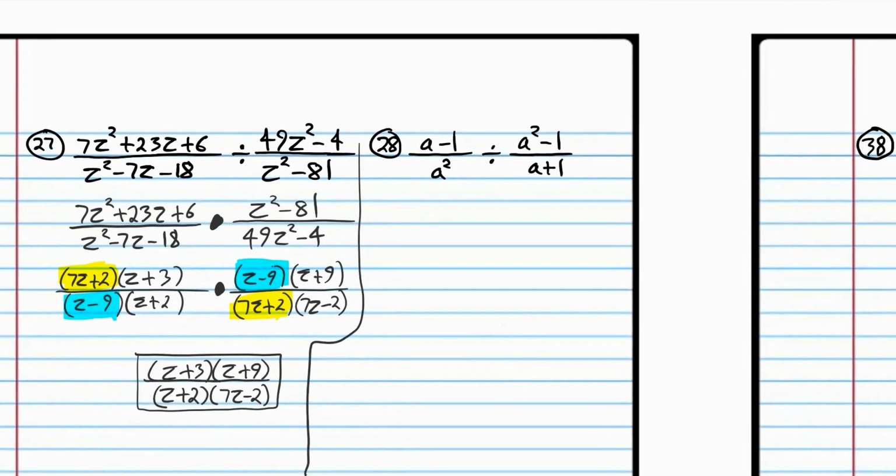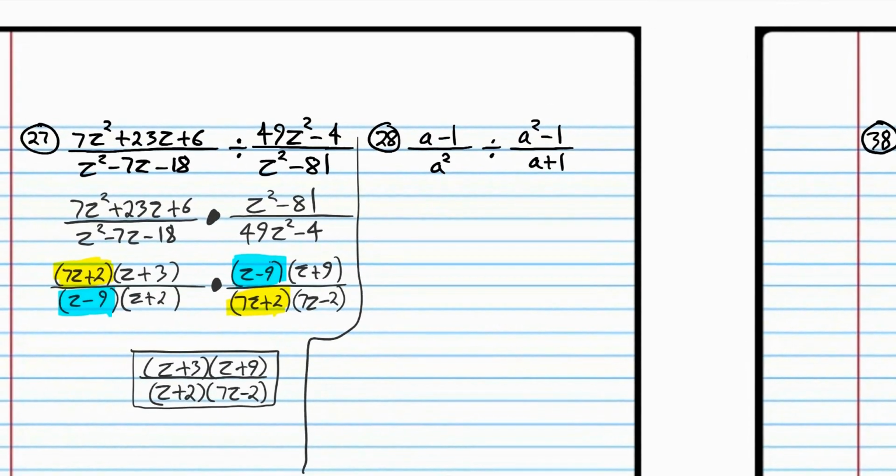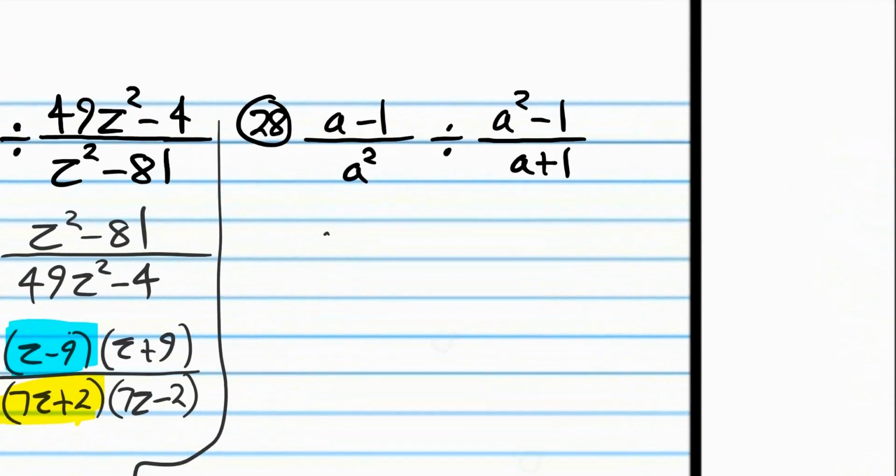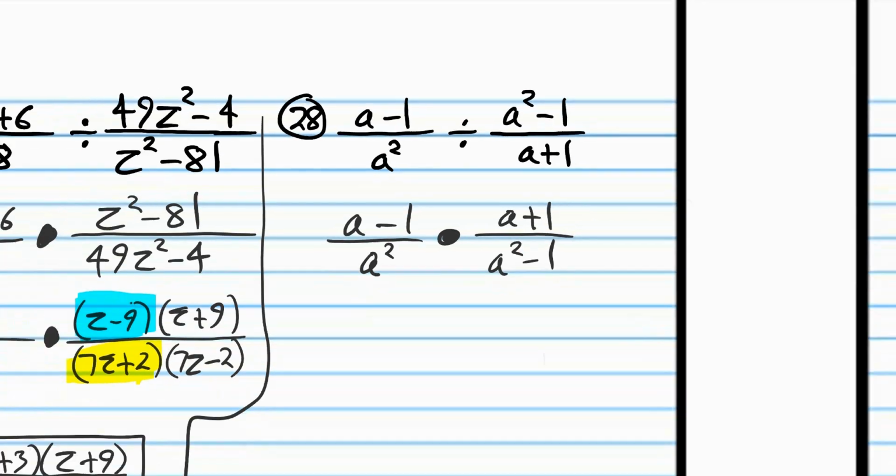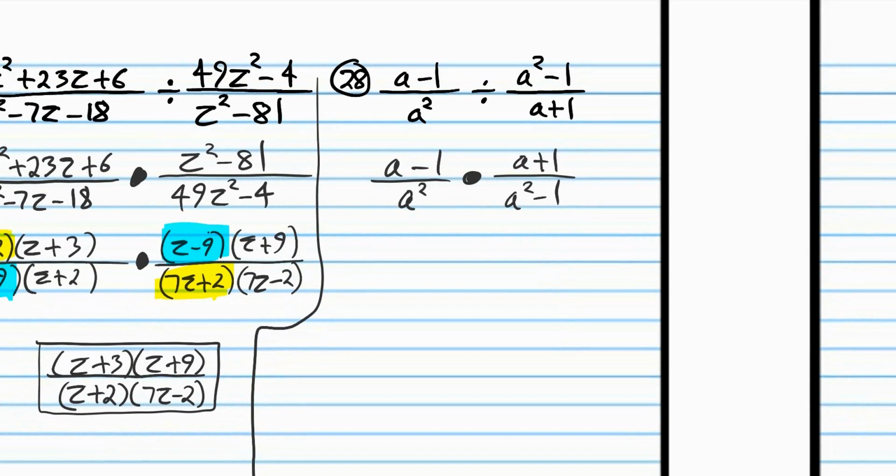All right, so try number 28, and when you come back, we'll do it together. All right, we're back. There's nothing to factor on the first fraction, and only one thing to factor on the second fraction.